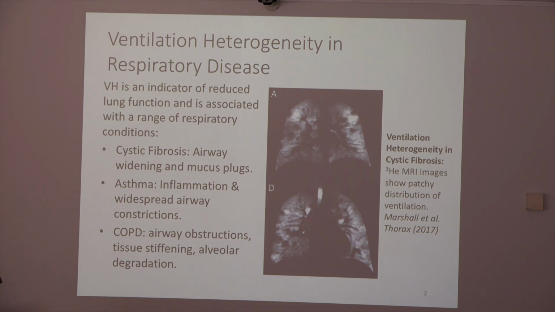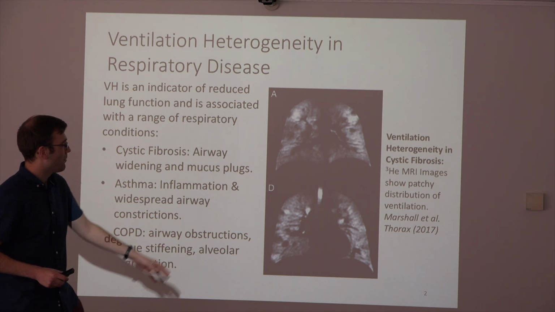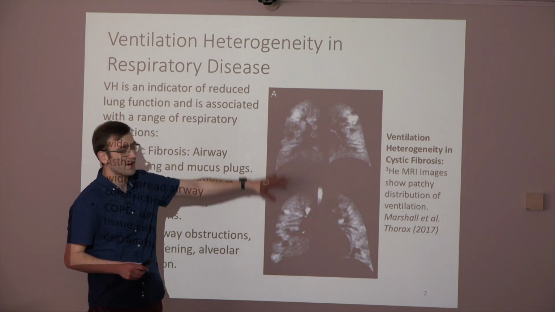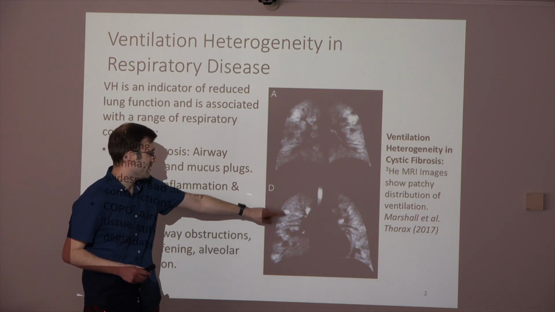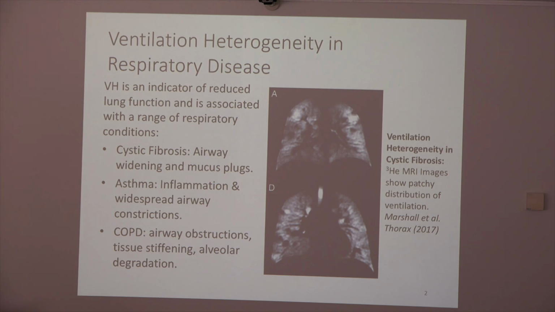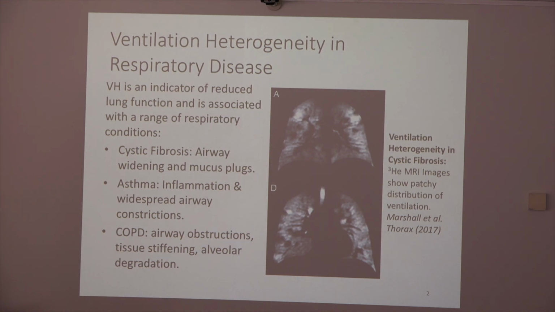If you look at, say, a hyperpolarized helium MRI image of where the gas is going in the lung, you see lots of little dark spots. This is a cystic fibrosis example in the figure here. Normally, you would like to see a nice, evenly ventilated lung with the same amount of gas reaching all the lung units so that you have optimum lung function.